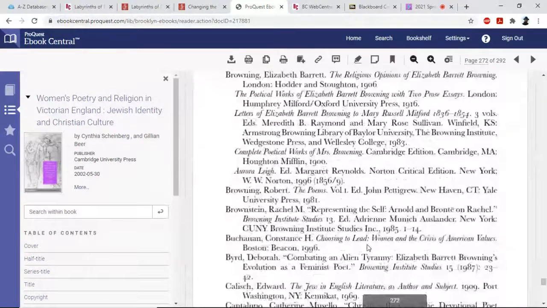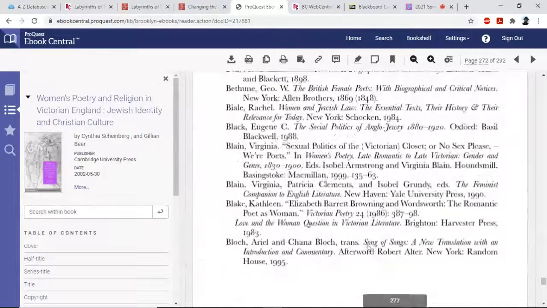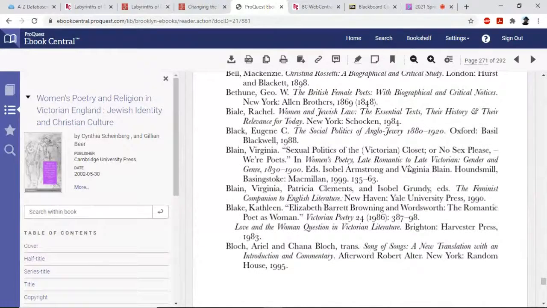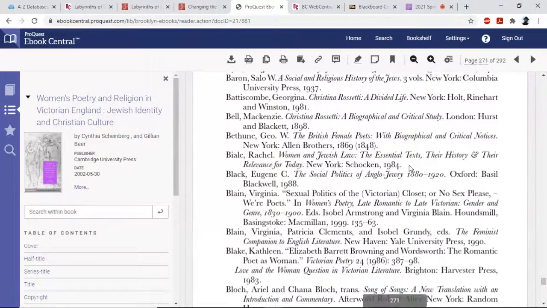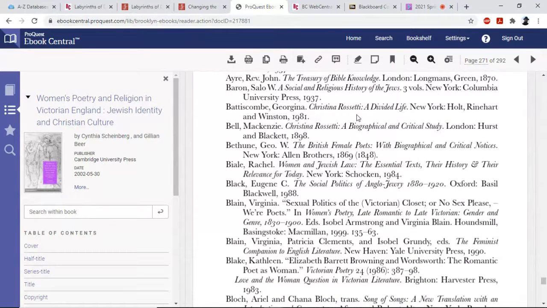Always look at the bibliography, because if something keeps coming up again and again, let's say that everything you look at in your research for Christina Rossetti, you keep seeing Christina Rossetti, A Divided Life by Georgina Battiscombe. If you see that, say, more than 3 times, then it's something you probably want to try to seek out if possible.